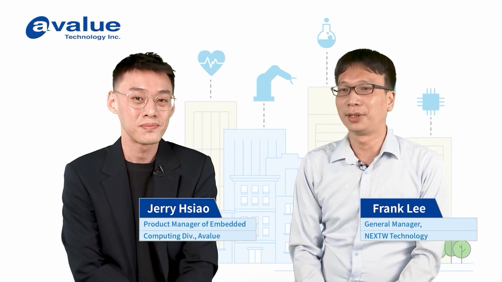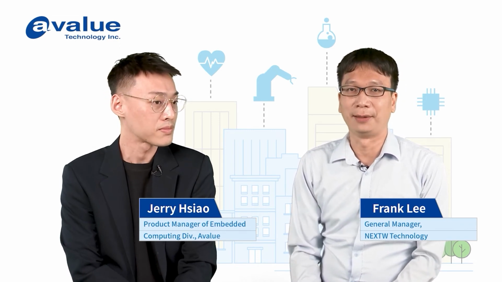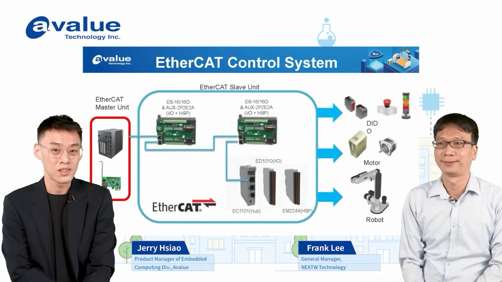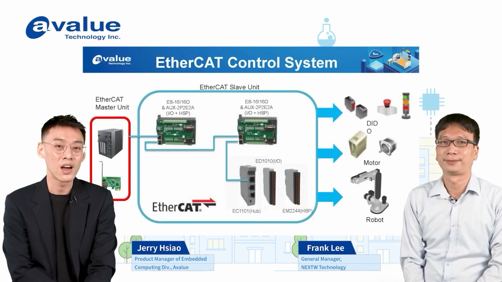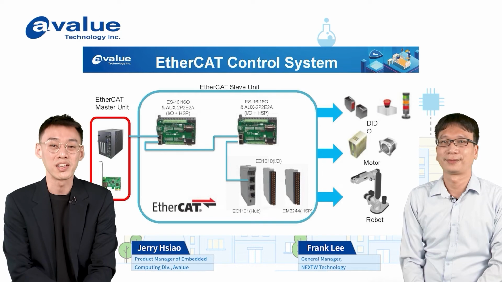We have most of the brands our customers use, like Yaskawa, Delta, Omron, Dima Motor, and so on. I believe we can use most of the brands that follow EtherCAT in these systems. Yeah, it sounds so great that we can apply this system with so many brands in the market.